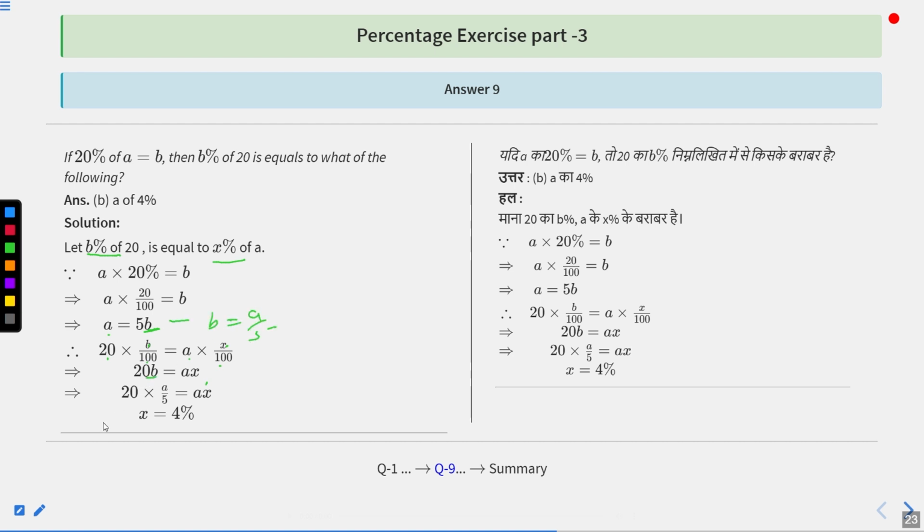So in place of B, we have put A upon 5. 20 into A upon 5 equals AX. A will cancel out A, and X will be 20 upon 5, that is 4%. So X was percentage of A. That means we can say A of 4%. Option number B is the right answer.